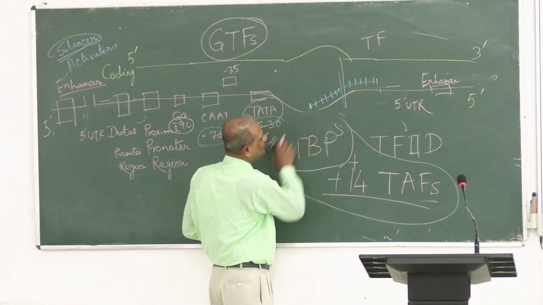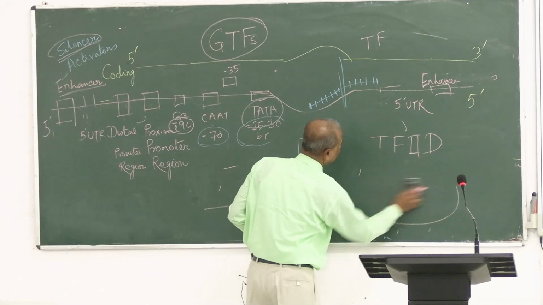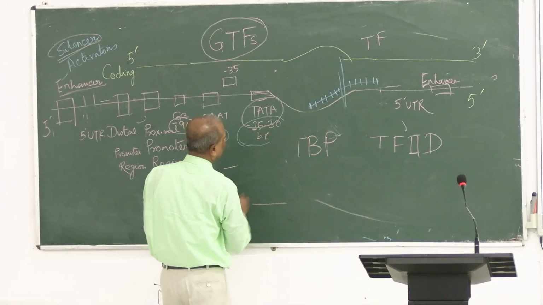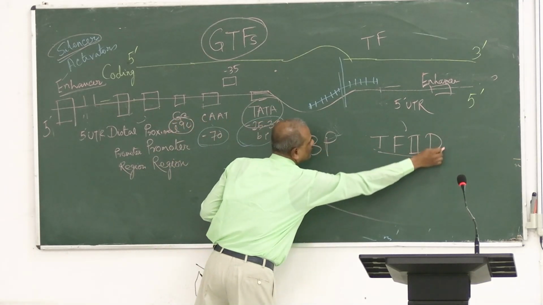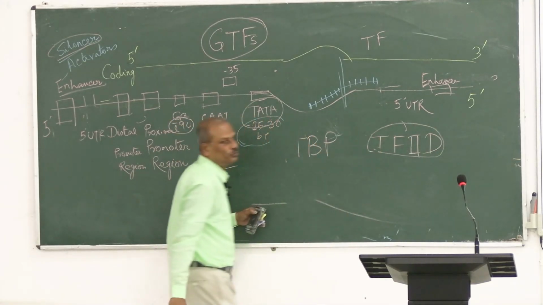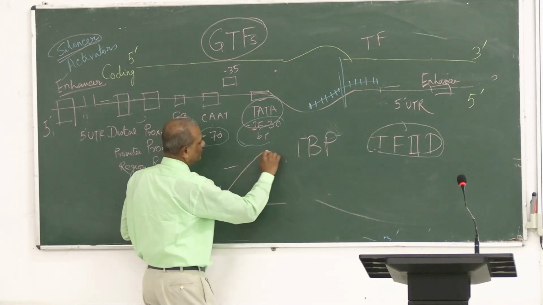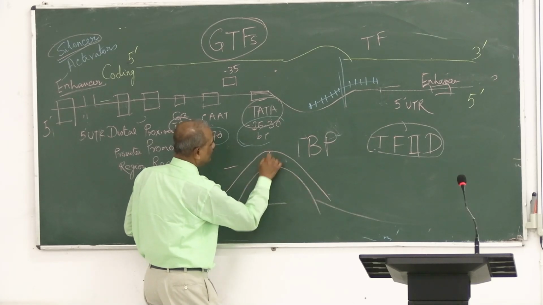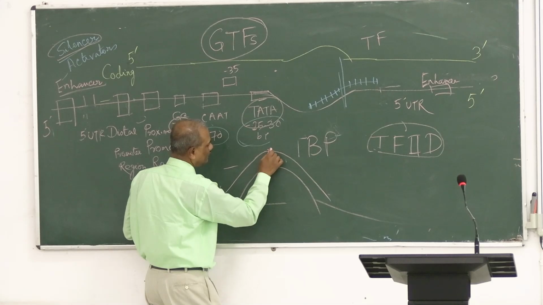So this TF2D, once TBP binds to the TATA binding site, involves TF2D, and there is a sharp bending. There is a sharp bending. This TBP causes bending, which I will show in a slide.